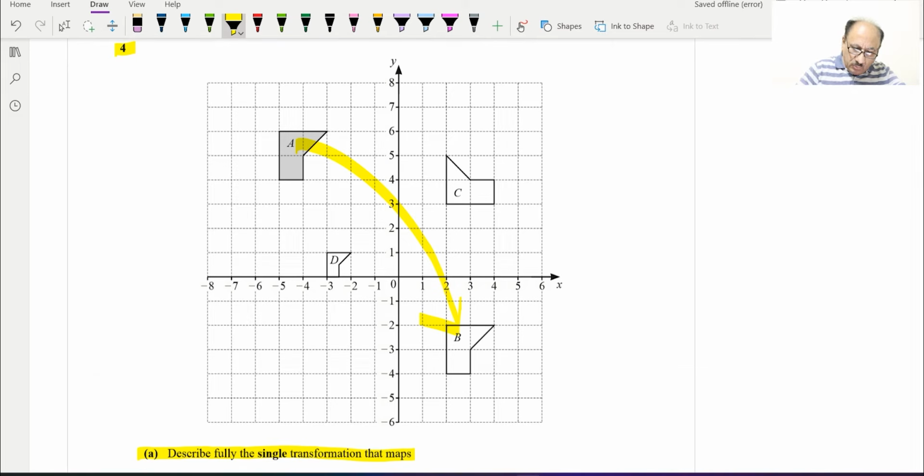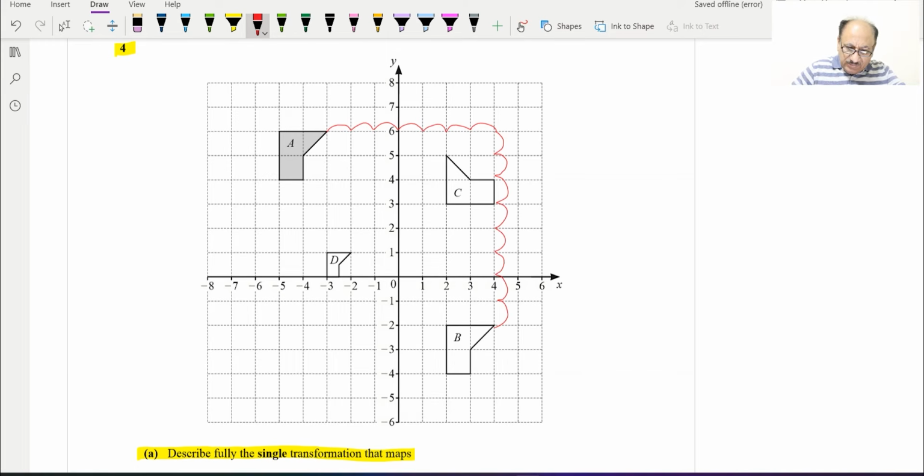It is the same shape and size, but it is translated, moved 7 units to the right and 8 units down.